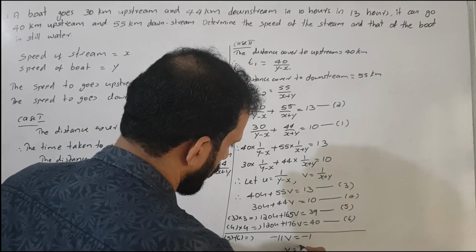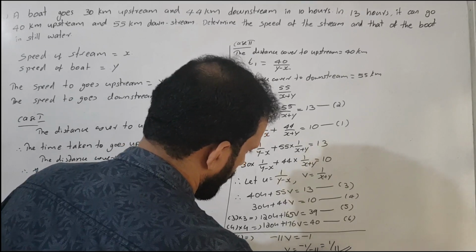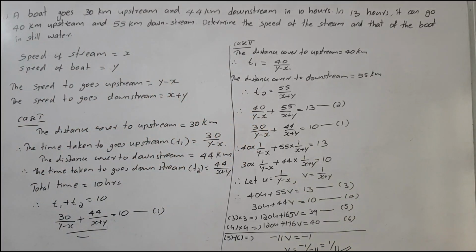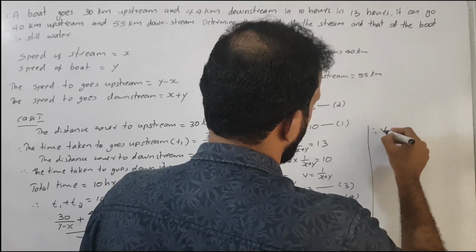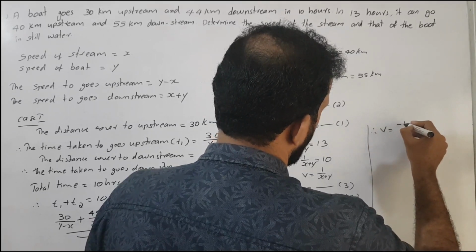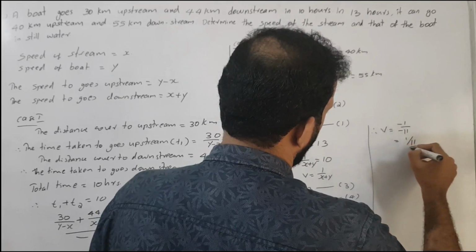Therefore, v is equal to minus 1 by minus 11, which is 1 by 11. So the value of v is 1 by 11, correct?